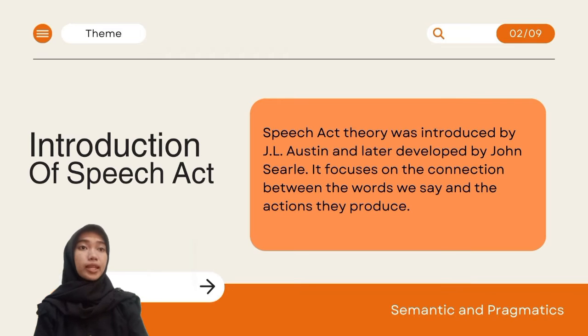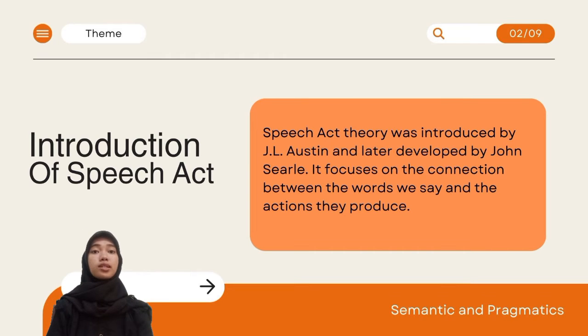Speech act is the idea that language is not just about saying things, it is about doing things. When we speak, we don't only share information, we perform actions. For example, when someone says, I promise, they are not just making a statement, they are actively committing to something.